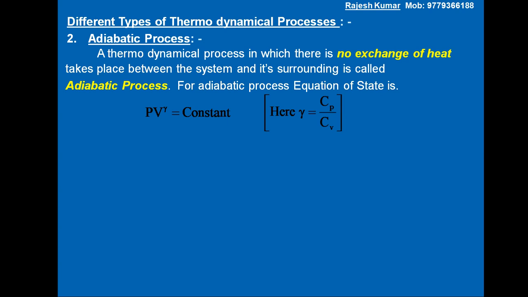Here gamma equals Cp upon Cv. Cp is specific heat of gas at constant pressure, and Cv is specific heat of gas at constant volume. As Cp is always greater than Cv, gamma is always more than 1.